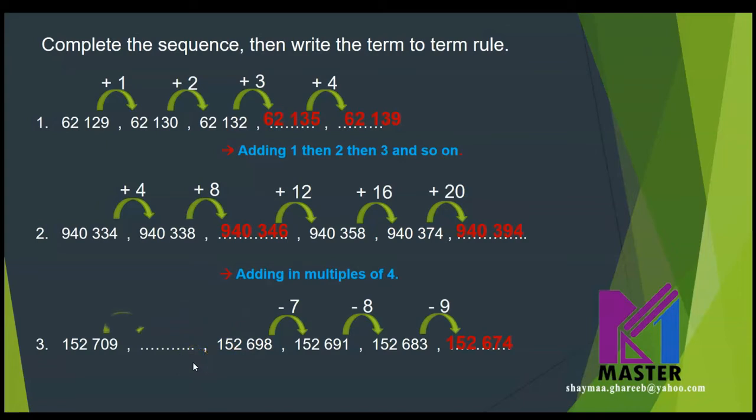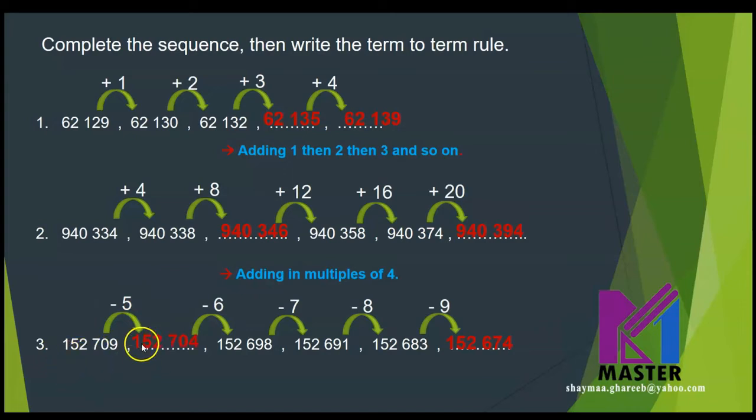If this is minus 7, the one before it will be minus 6, and this one will be minus 5. So if I subtracted 5, then 6, then 7, then 8, then 9, this sequence will be correct.